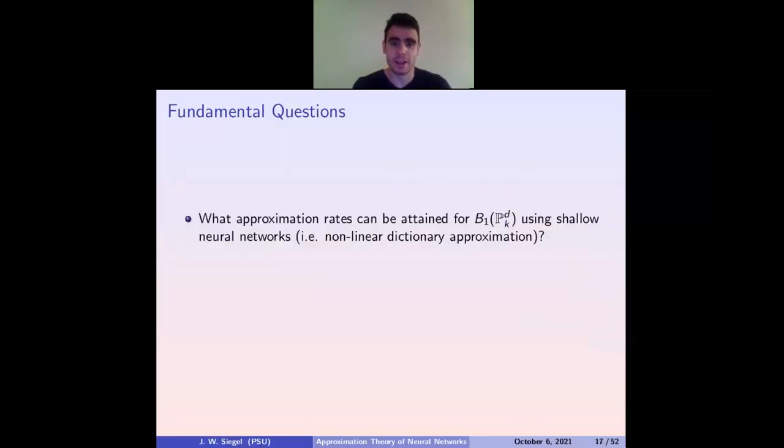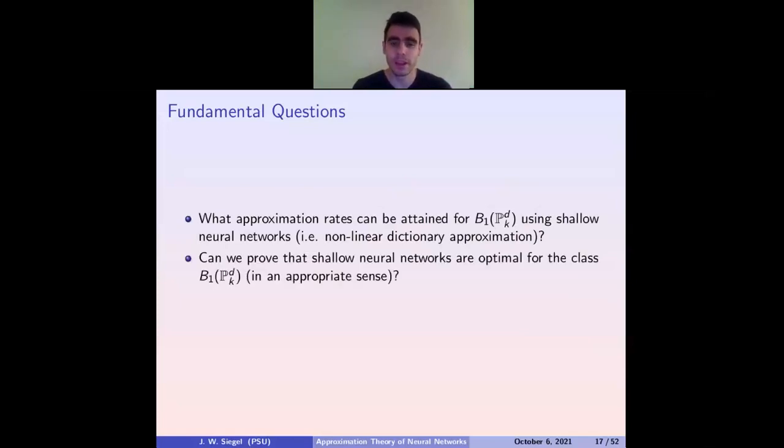Okay. But the fundamental questions that we want to ask, and these haven't been completely answered yet, so there are still some open problems in this field, are: what approximation rates can you obtain on this convex hull using shallow neural networks? For this particular class of functions, how well do shallow neural networks do? Another question is, can we show that shallow neural networks are optimal for this class in a certain sense?